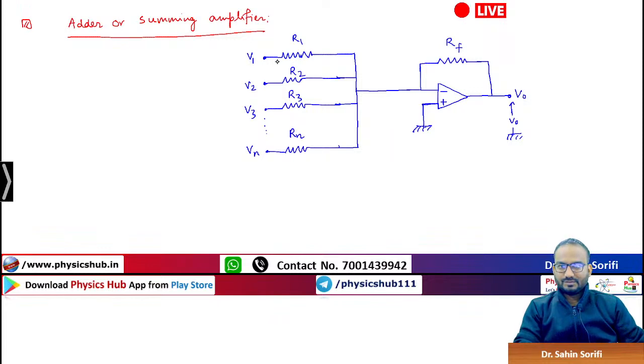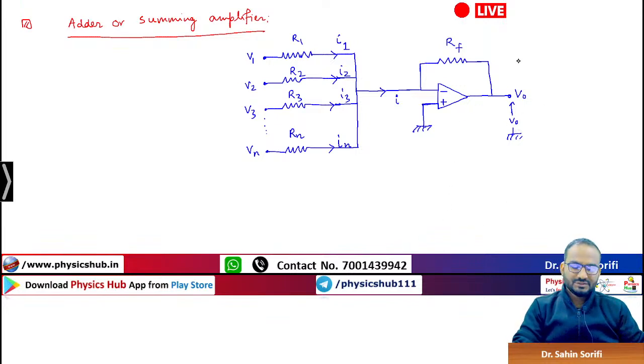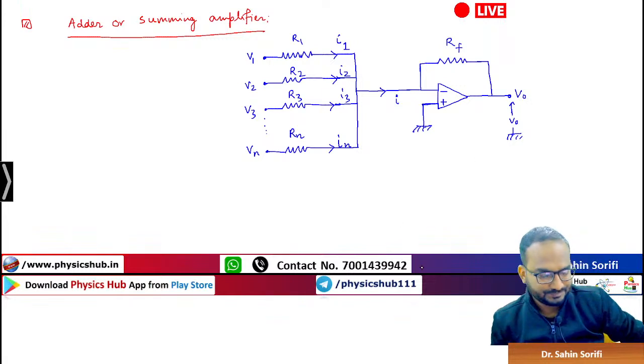So you see V1 R1, so current I1 will flow through this path, current I2 will flow through this path, current I3 will flow through the path and continuously up to current IN will flow through this. Their sum will be there, that will make the total current I. Again, that I will also flow this feedback resistor. So can you calculate V0? This will act as a summing amplifier.